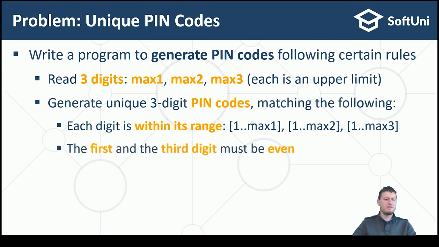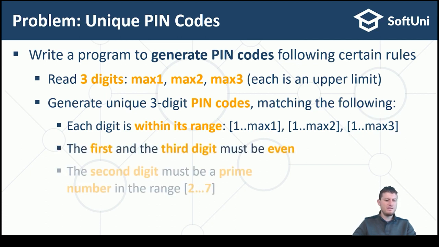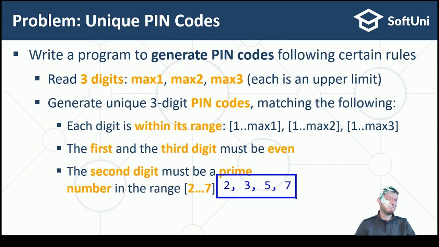The first and the third should be even, and the second should be a prime number. But if it is a digit, it's from 0 to 9, because it's a single digit. What are the prime numbers in this range? There are 2 or 3 or 5 or 7. There are no other numbers which are single digits and prime at the same time.